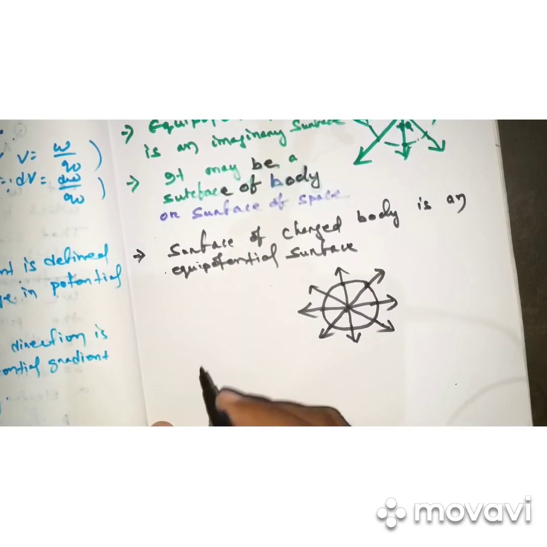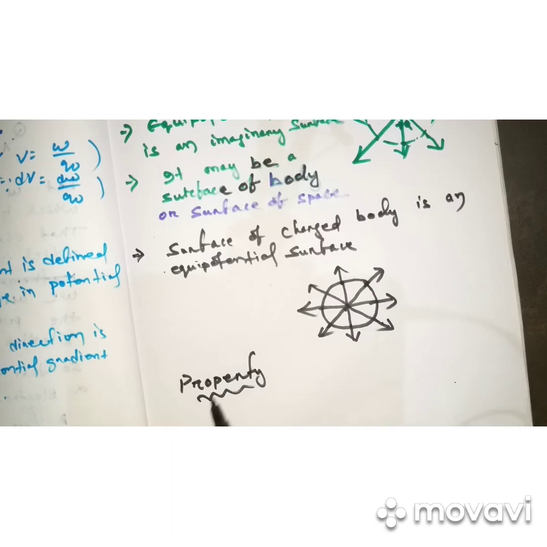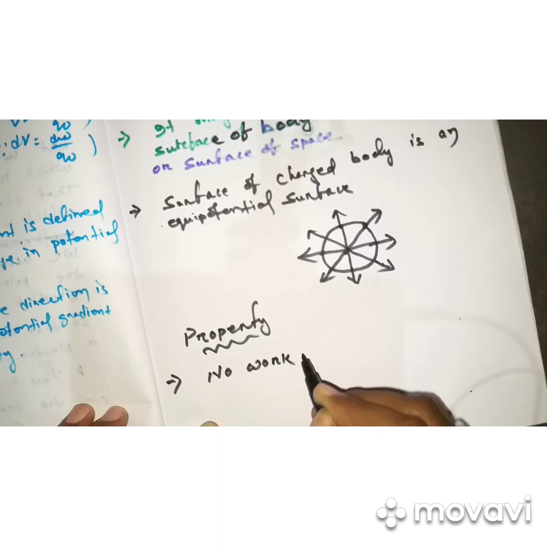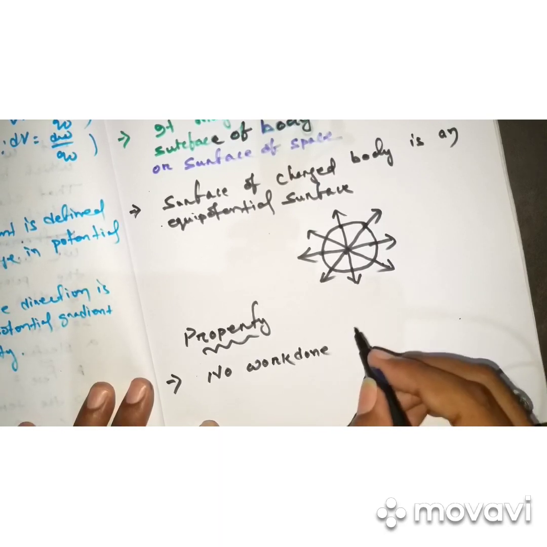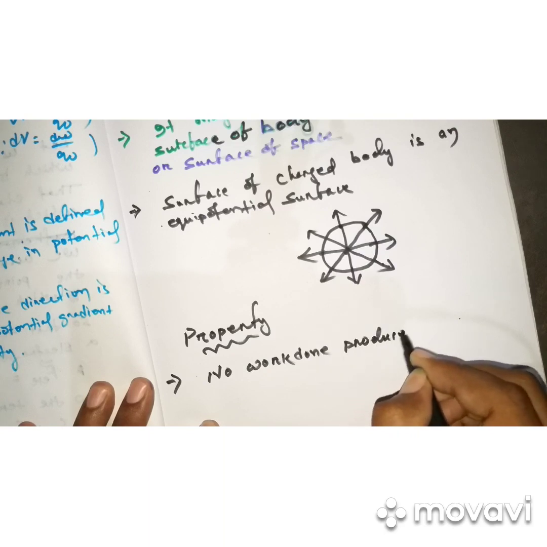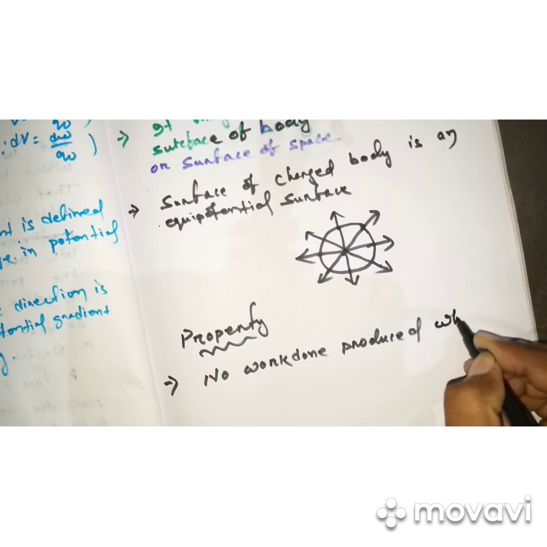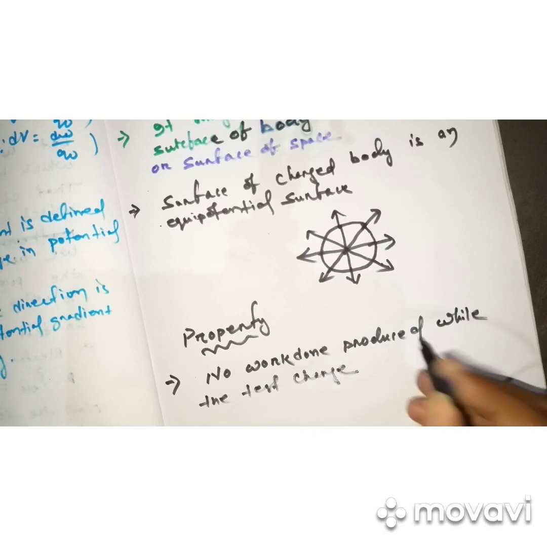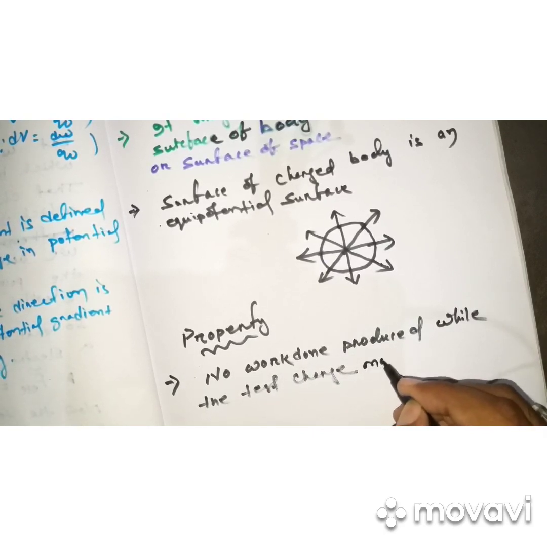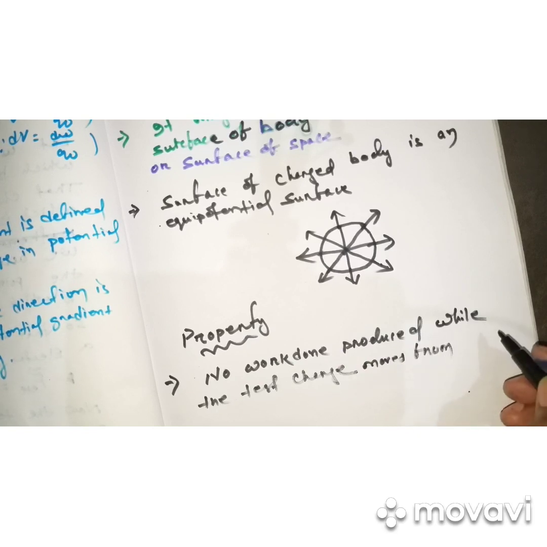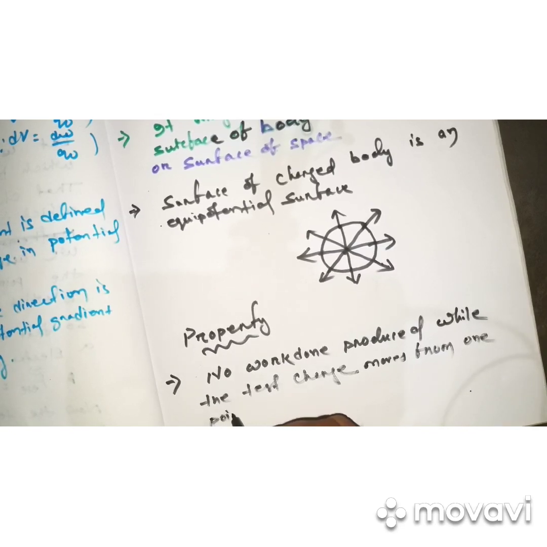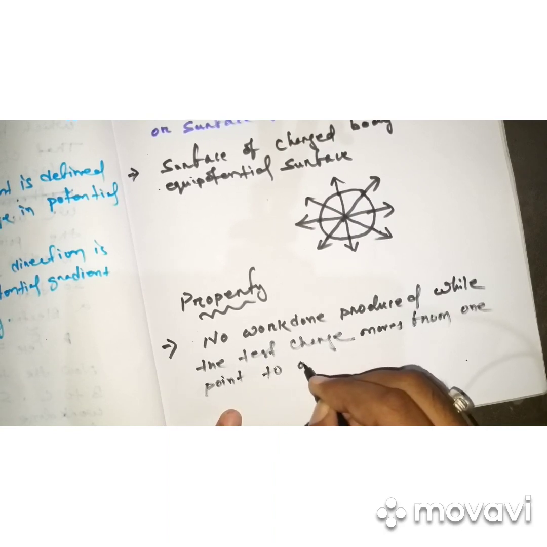Properties of equipotential surface. The first property is, no work is done while the test charge moves from one point to another point.